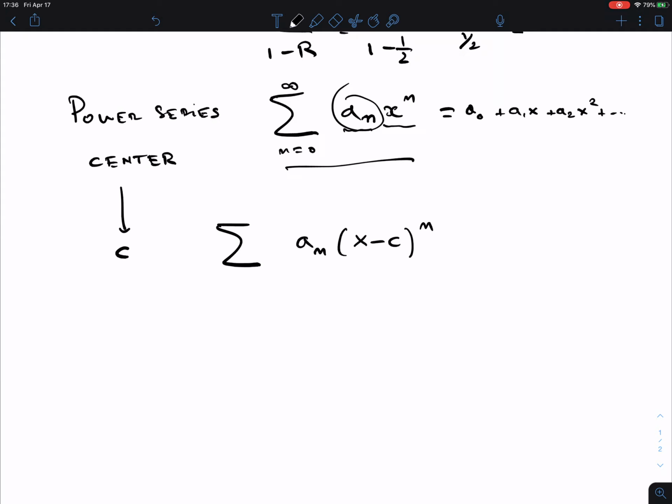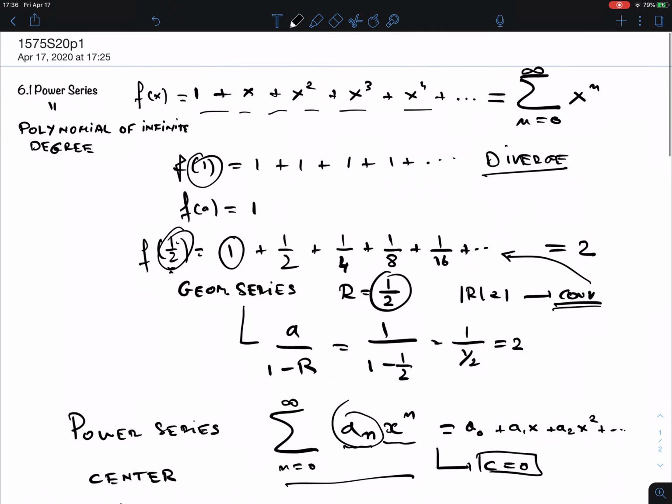So could c be any number? What was the center in this case? Well, c was 0 here, right? That was a special case. But we need the more general case. So this is how the more general case looks. Now we want to go back to this problem about when it diverges and when it converges. What does this mean?